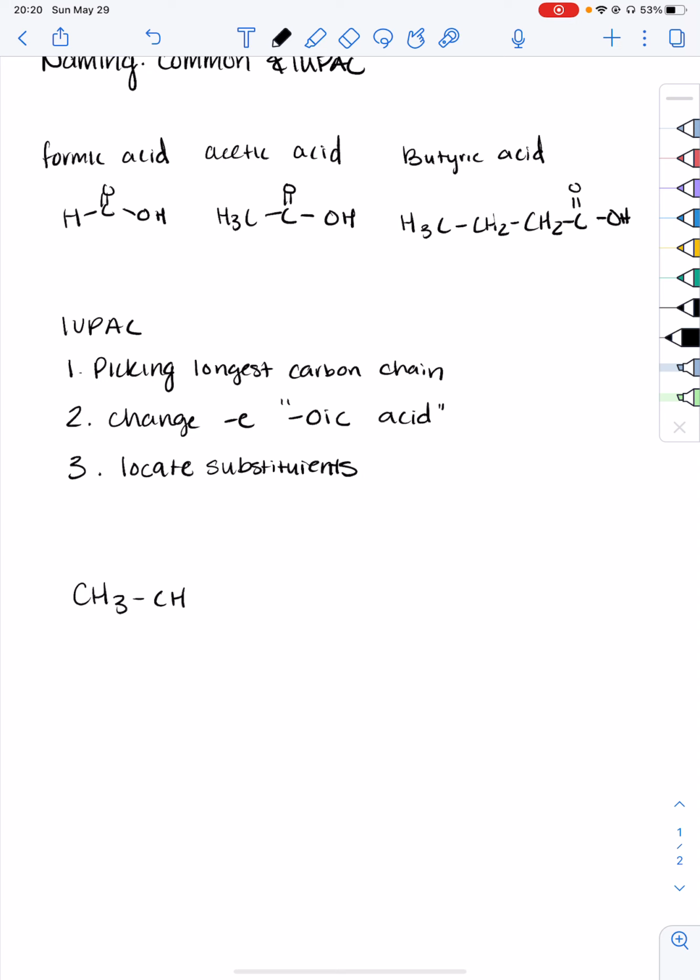So you're going to apply these rules, and we're just going to do an example. That's CH2. Your longest continuous chain is going to be 1, 2, 3, 4, 5.